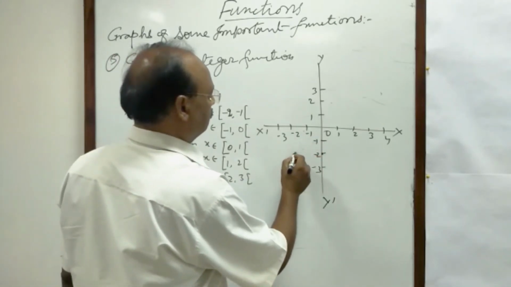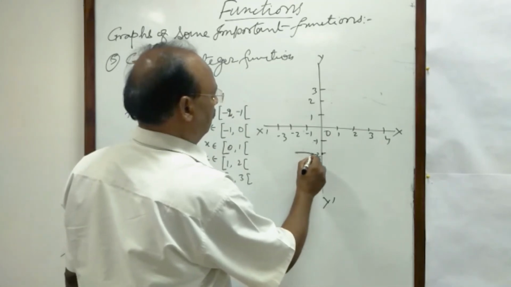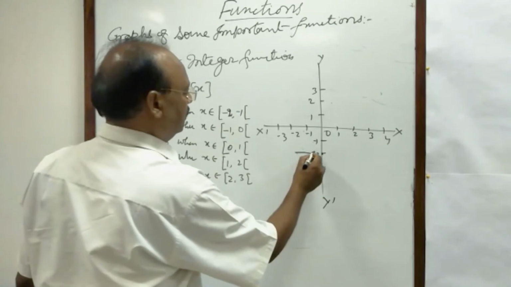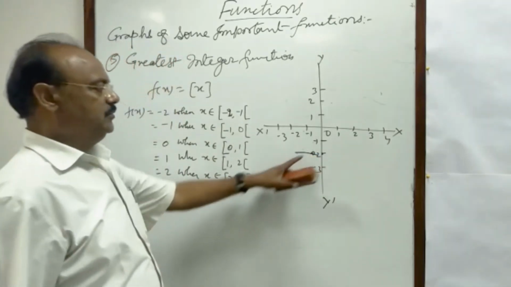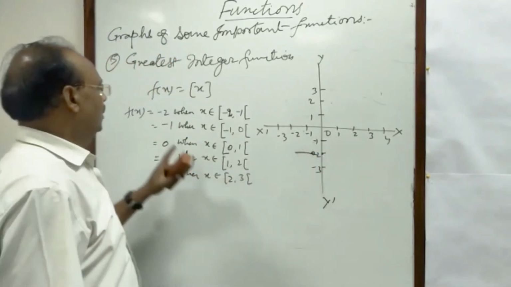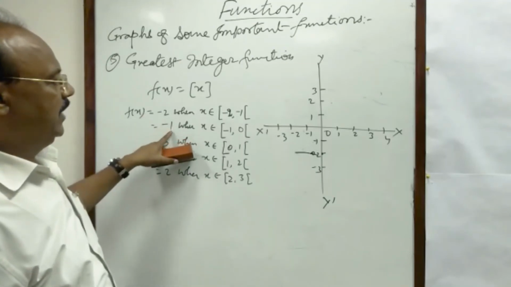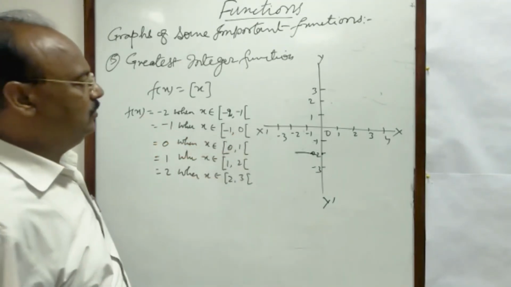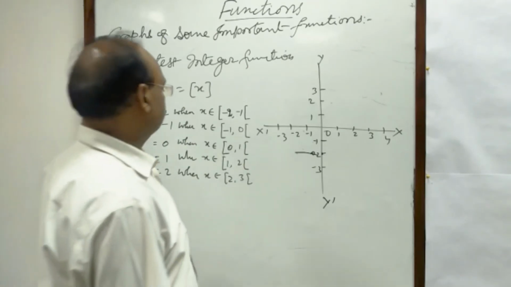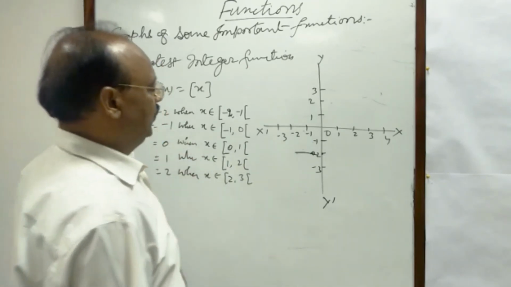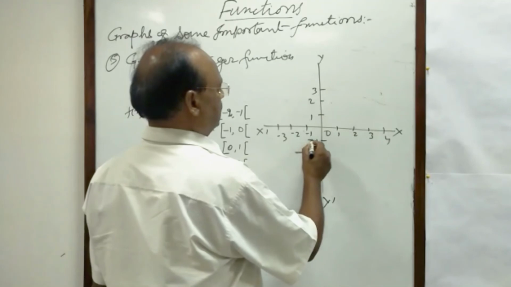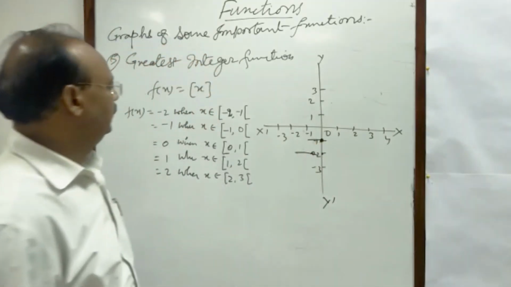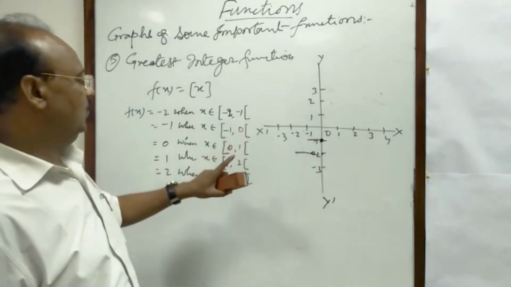Open at minus 1 means this point has been excluded. Similarly, the value of f(x) is minus 1 when x lies in the interval minus 1 to 0. So this is the line here, and this point has been excluded since this side is open.